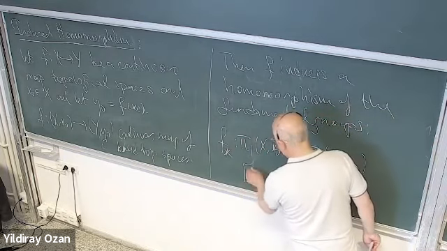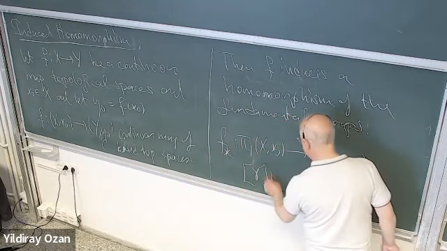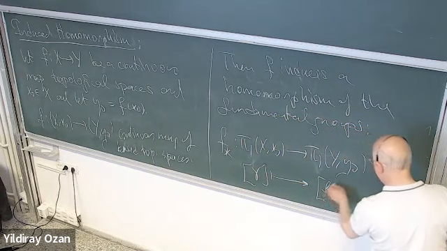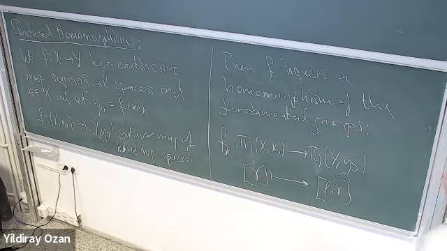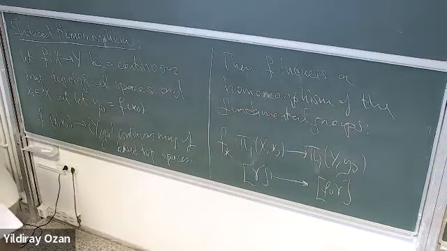So if I take a homotopy class here, I just map it to the homotopy class of F composition gamma. Okay. Now let's see why this works.